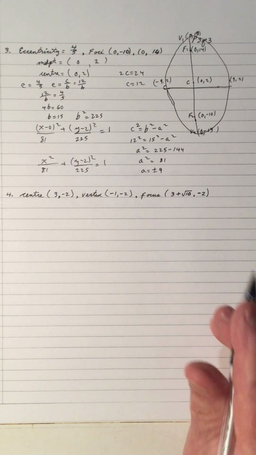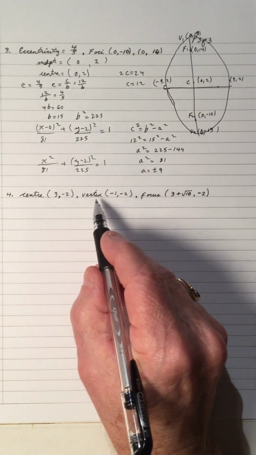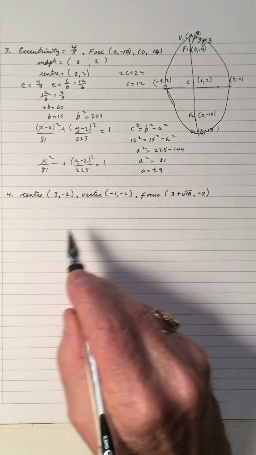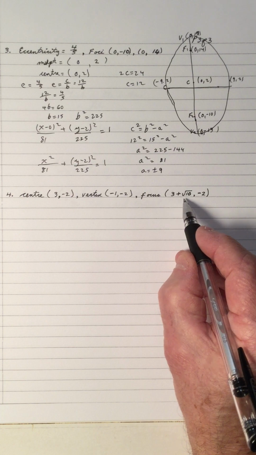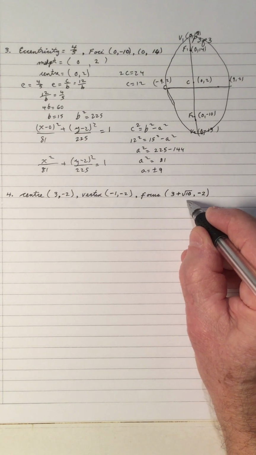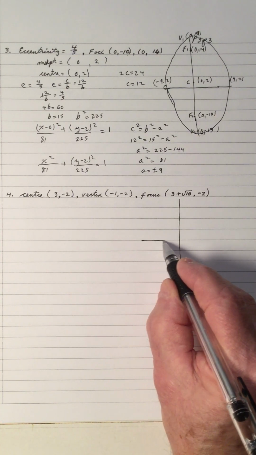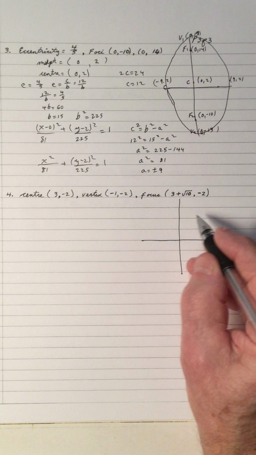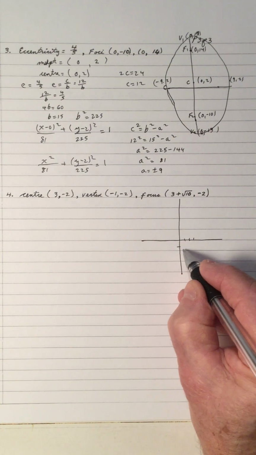Let's do one more. Again, we have a center of (3, -2), vertices of (-1, -2), foci of (3 plus root 10, -2). So, let's see what we have here. Center is (3, -2).